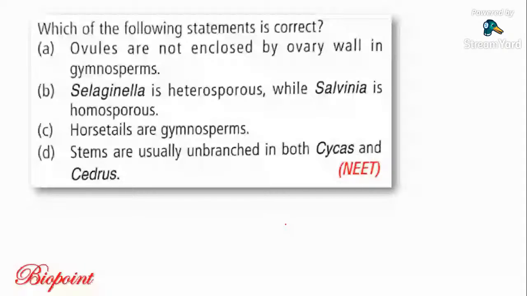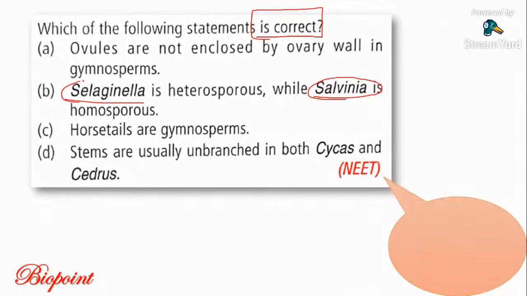Both Selaginella and Salvinia produce two kinds of spores. Which of the following statements is correct is the question, or which of the following statements is true is the question. So Selaginella and Salvinia are both heterosporous in nature.